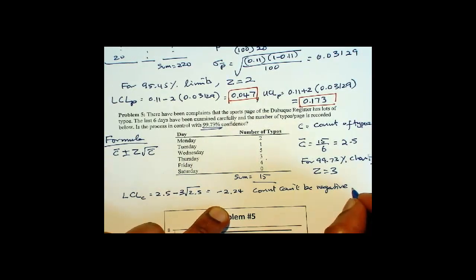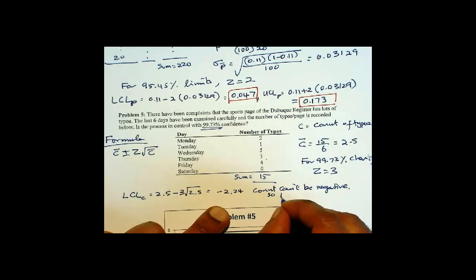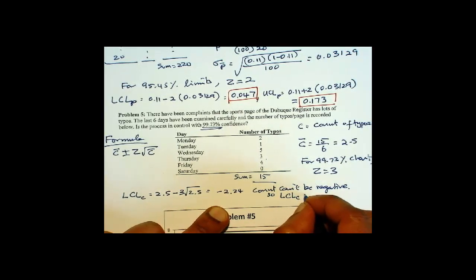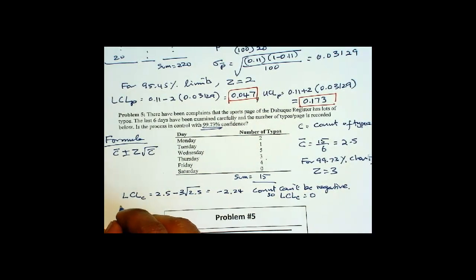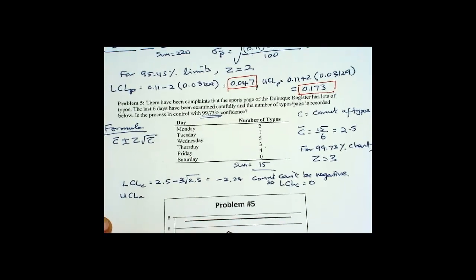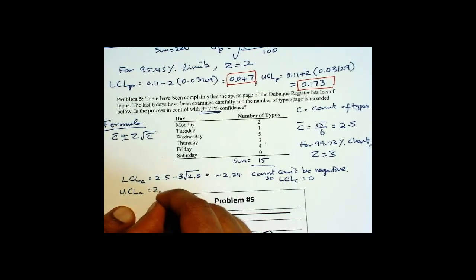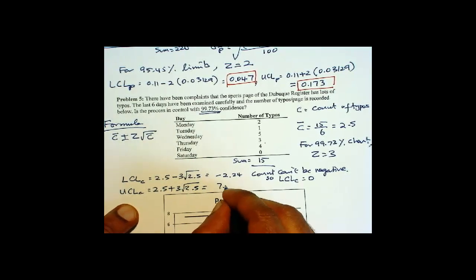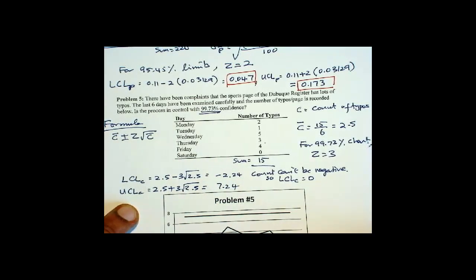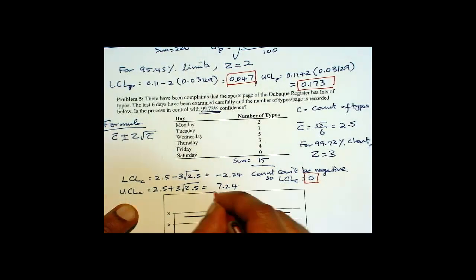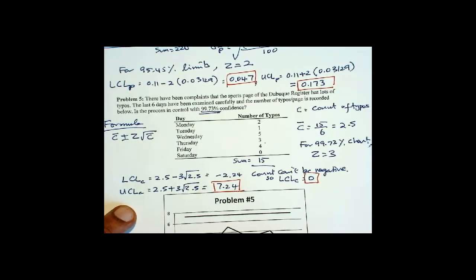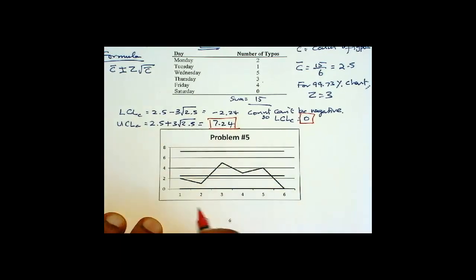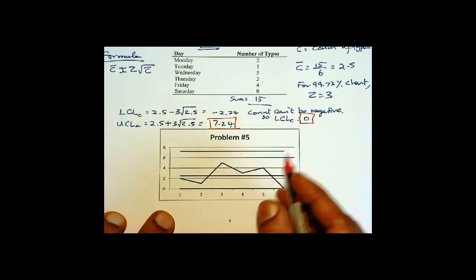Therefore, lower control limit is 0. Upper control limit is 2.5 plus 3 times square root of 2.5. So that is 7.24. So the control limits are 0 and 7.24. And I've already plotted the samples.